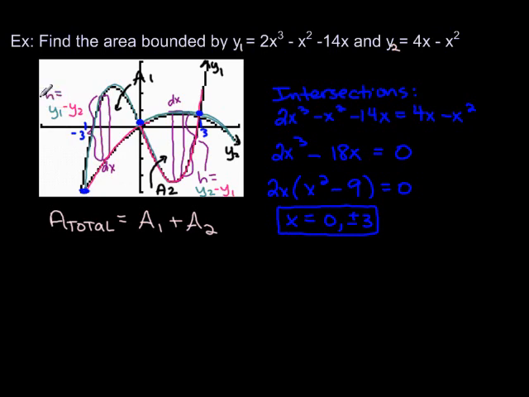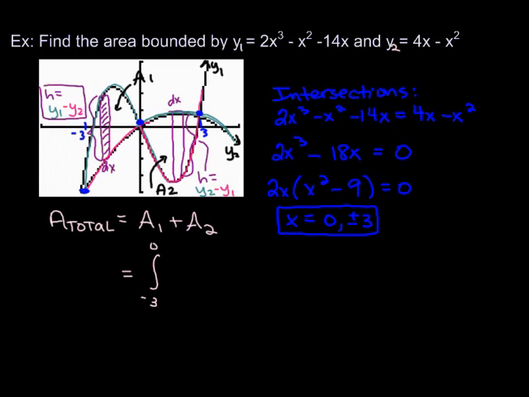Now I think we have everything where we can set up the area function. For area 1, we're looking at this piece here, with our representative rectangle again. Area 1 is an integral from x equals -3 to 0 of y top minus y bottom, which was y1 minus y2.